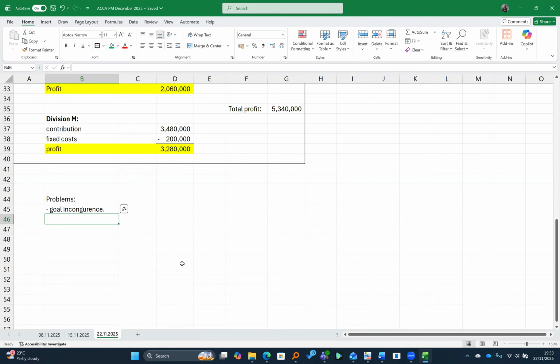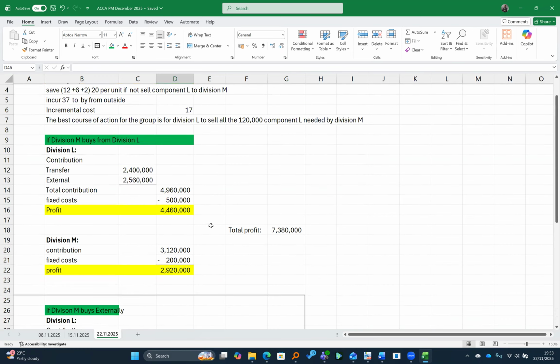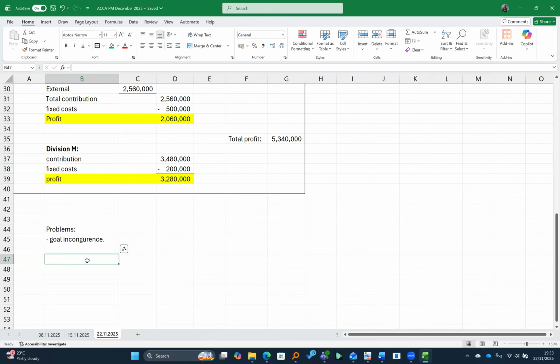Okay. So now, 37 is one of the prices, as the external supplier gives this, but there is also another price, usually the price which relates to all the costs that they are incurring.